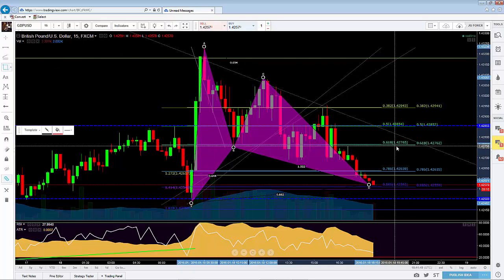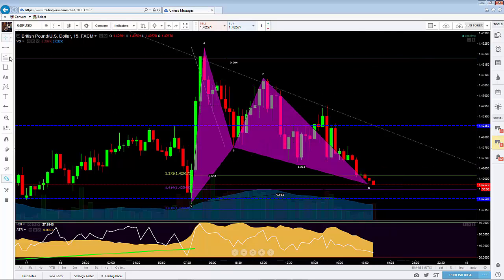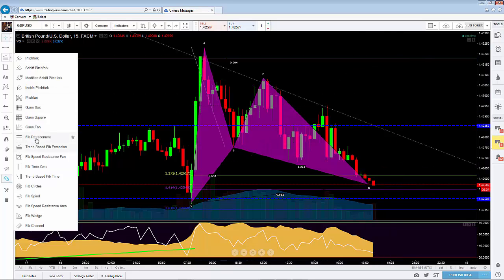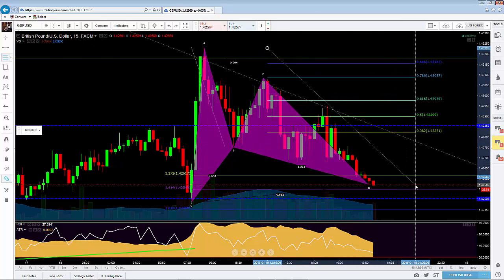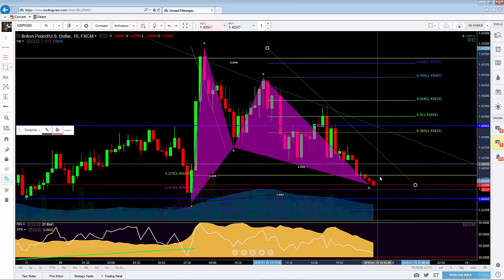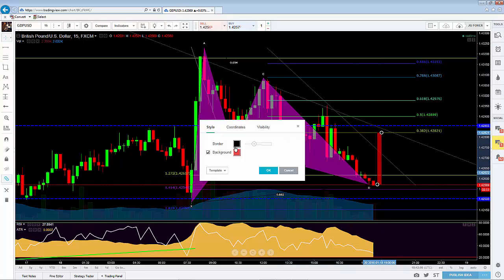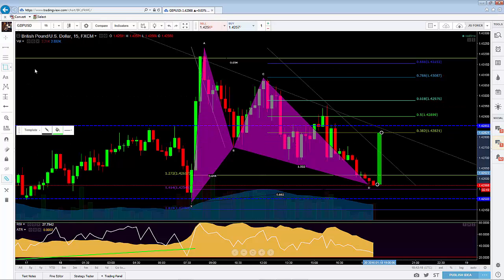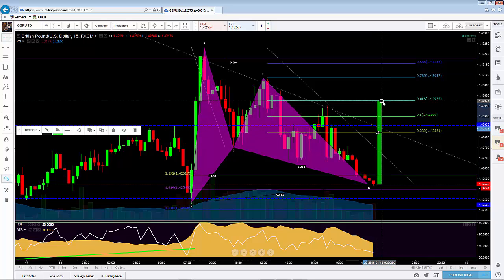And if we draw that out, let's just remove some of this so you can see what I'm talking about. You're going to get conventional targets. If you're taking conventional targets, you're looking for target 1 up at the 382. Okay, and you're looking for target 2 at the 618 retracement.